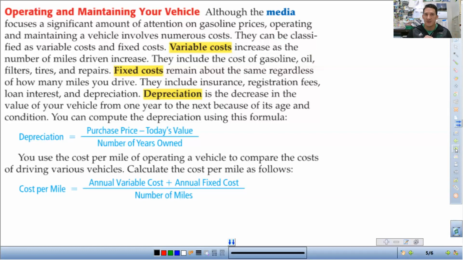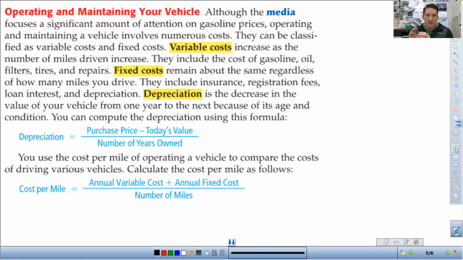The older your car gets, these things will start to cost more: gasoline, oil filters, air filters, tires, and any sort of repairs. Those things are going to vary as outside circumstances change, and as your car gets older, things like repairs are going to start costing more.